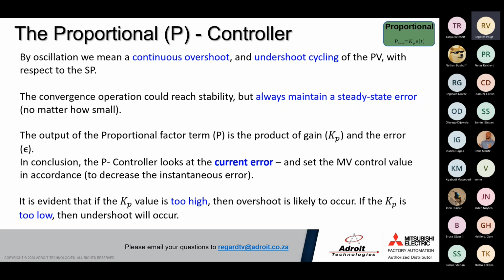So the future error will mitigate your overshoot and undershoots because it looks at the rate of change of the error. And your historical error will look at your steady state error, the historical factor, which is your I controller. So as that steady state error increases in time, it will try to reduce that value. So that's where the I controller comes in.